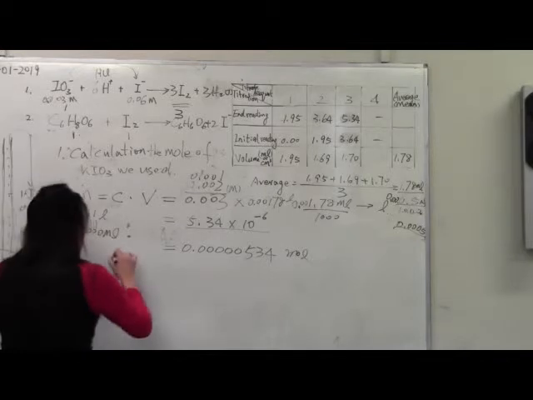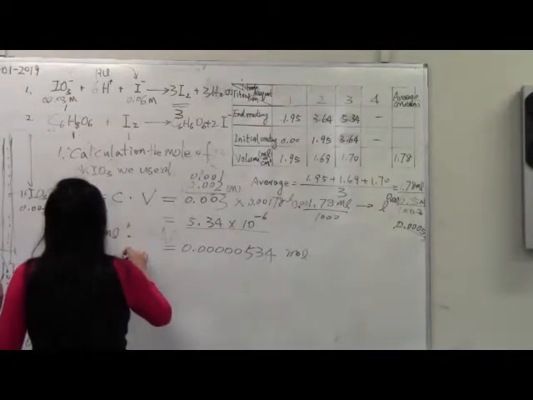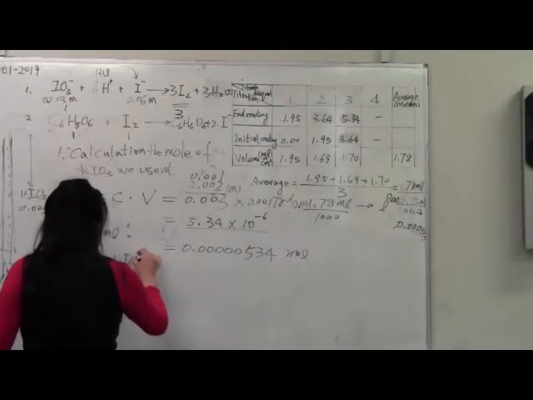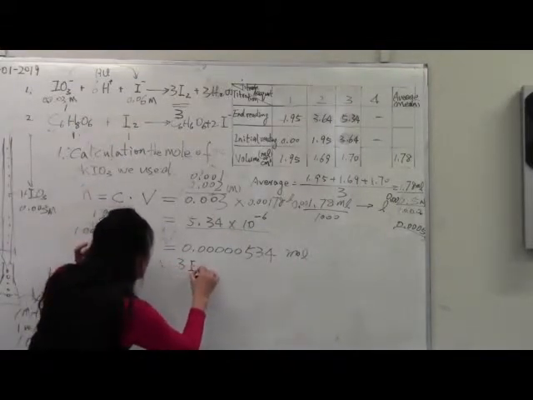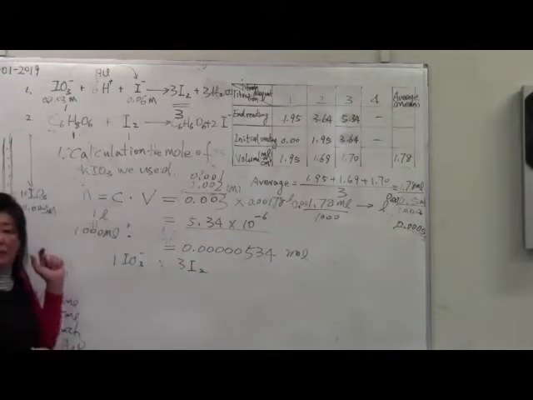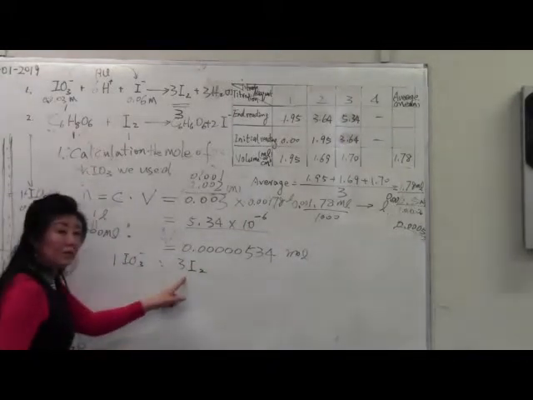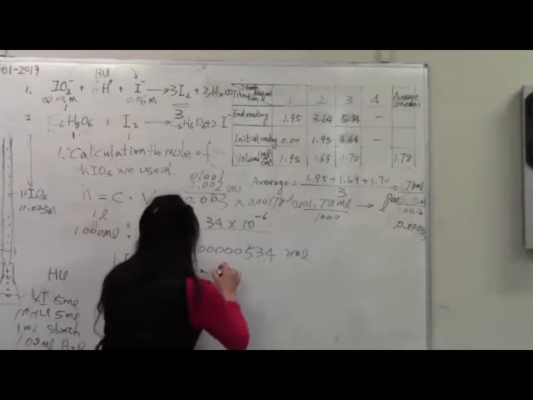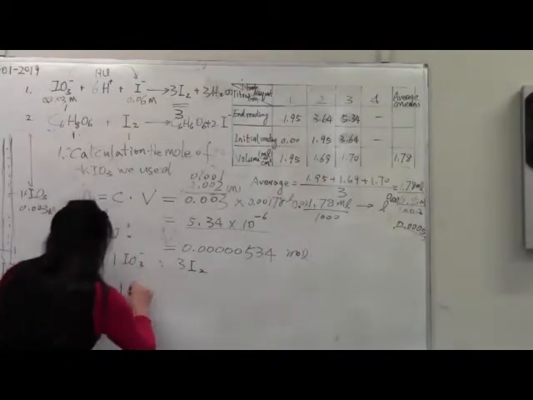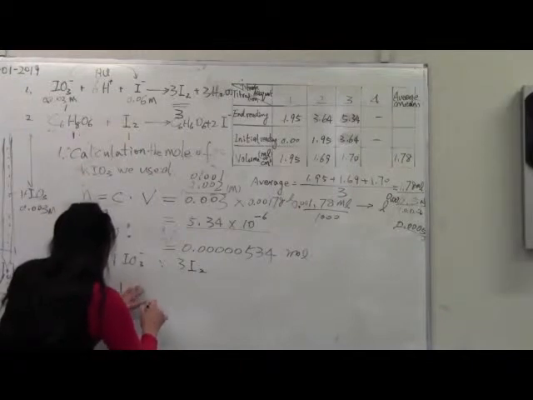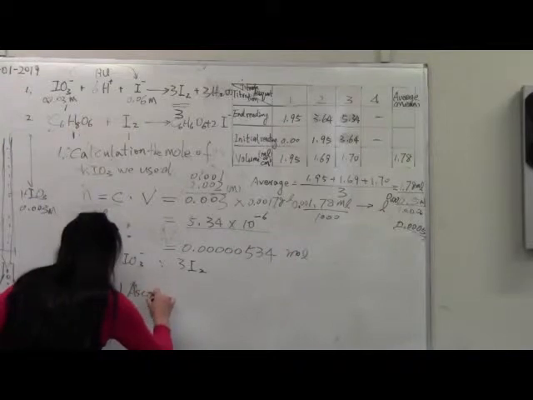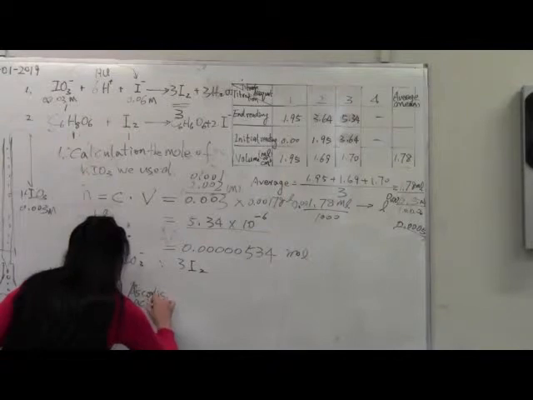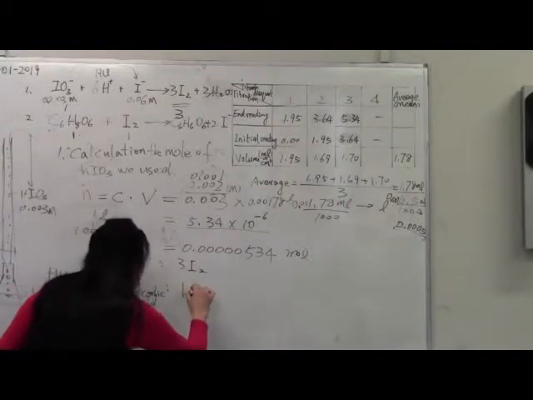Now, because 1 mole iodide reacts to produce 3 iodine, alright? And 1 iodine reacts with 1 mole ascorbic acid. 1 mole.